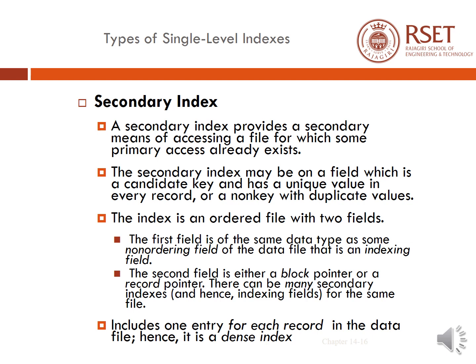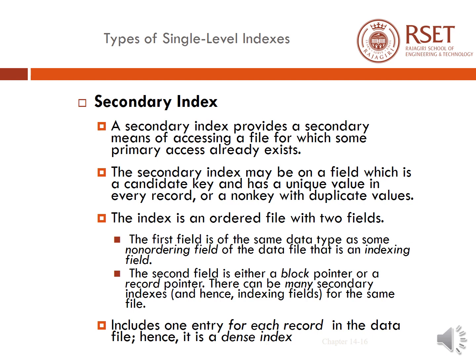The first field has the same data type as some non-ordering field of the data file, that is an indexing field. The second field is a block pointer. That is, if so many entries exist, it will have block pointers. There can be many secondary indexes since so many entries are there.